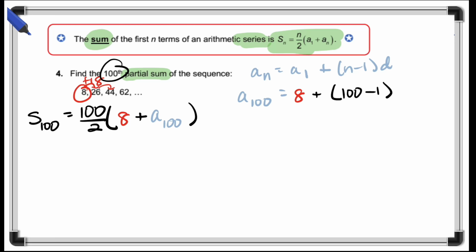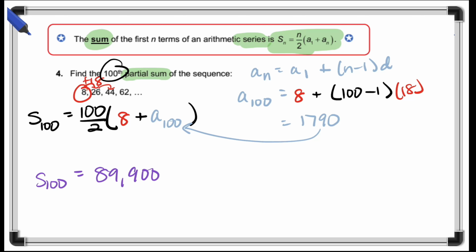And then you have your difference there, which was 18. So as we figure this out, you get 1790 as your a sub 100, and that goes in place right here. So then s sub 100, as you figure out your math, is 89,900.